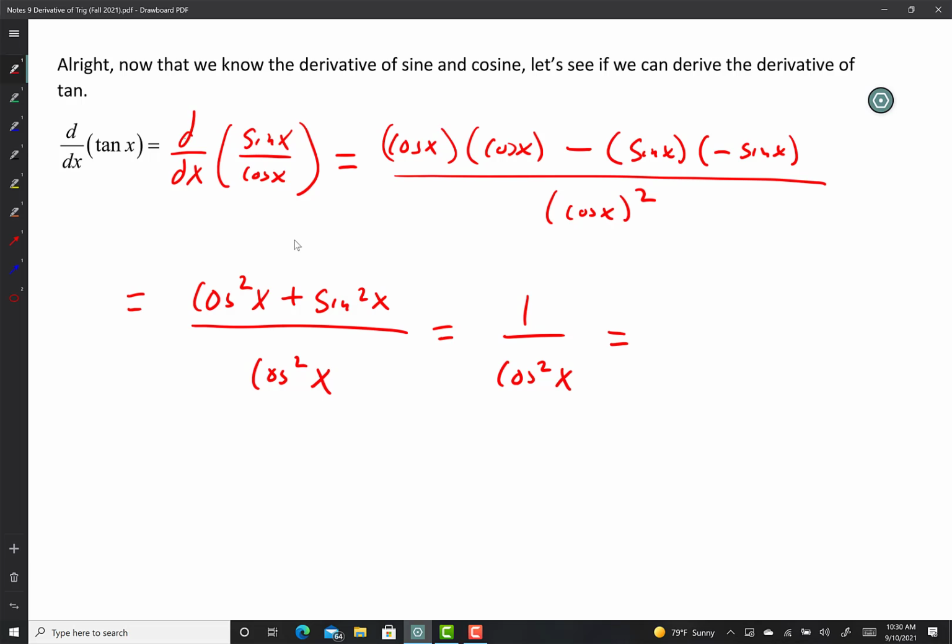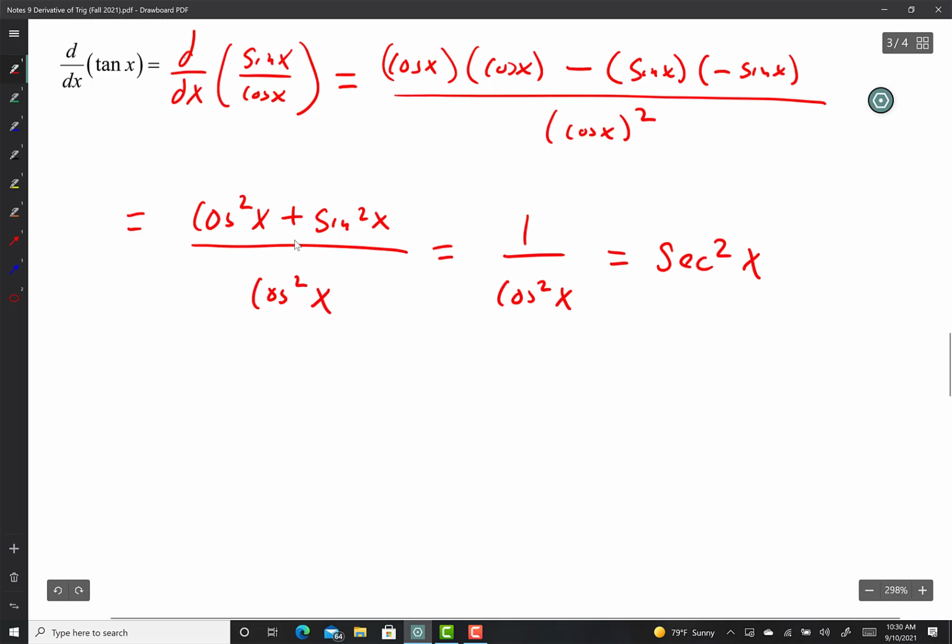But 1 over cosine is the same thing as secant, and because this is squared, it's secant squared. Do you think you have to do this all the time, every time? No, just memorize it. What's the derivative of tan x? Secant squared x. We're saying it 3 times every time.